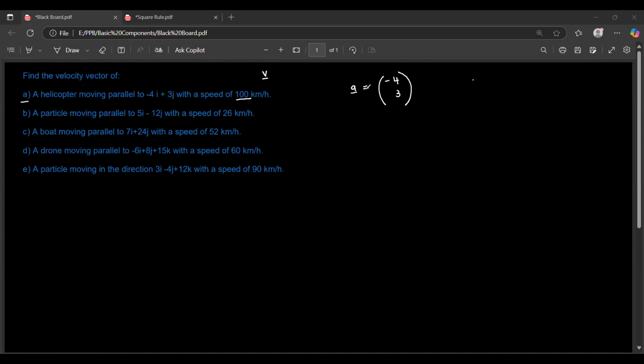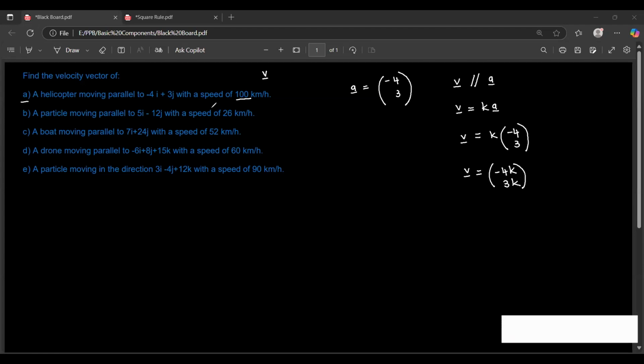They are saying v is parallel to a, which means we can say v is equal to ka, which will be minus 4, 3. So I can say v is equal to minus 4k and 3k.